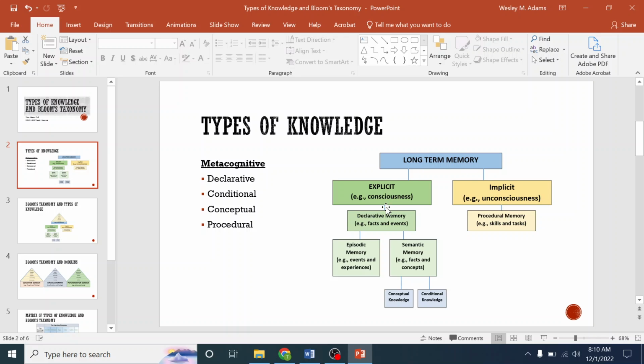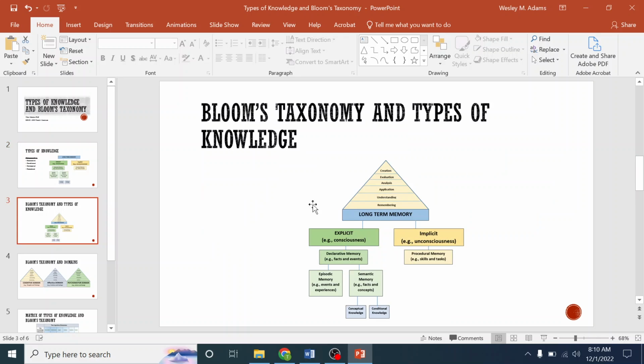Now, before I move on, because I don't want to get into Bloom's taxonomy, but I do want you to see how the cognitive part of Bloom's is part of long-term memory before we start talking about the activity. What I want you to think about for this activity is break long-term memory up into explicit versus implicit.